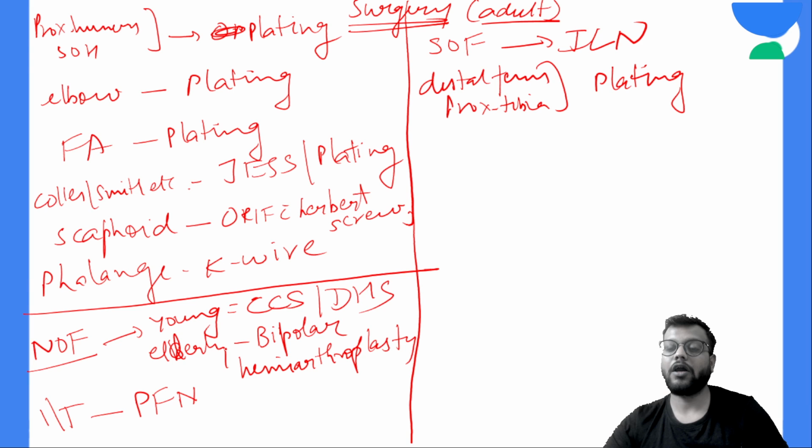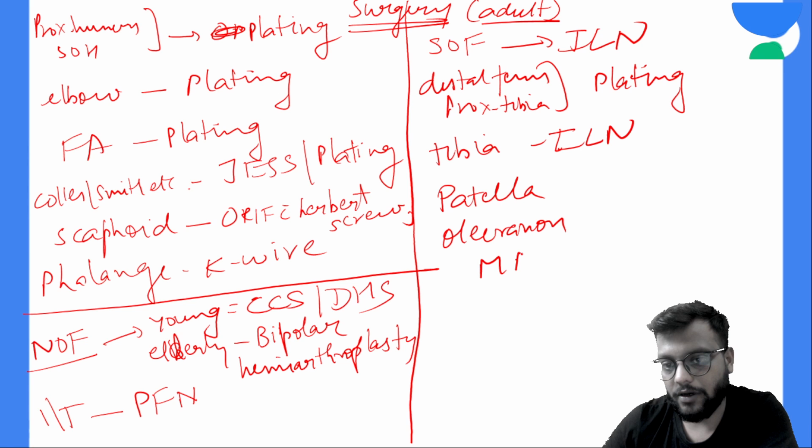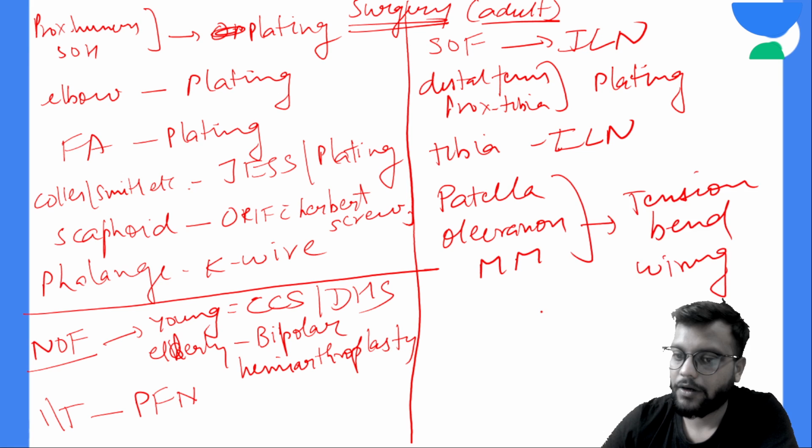And for patella, olecranon, and medial malleolus, you go for tension band wiring, that is TBW. Remember this. This is basically the surgical treatment of choice that we use in the majority of fractures.